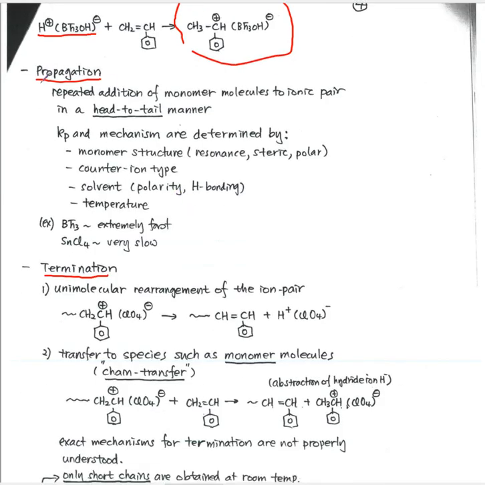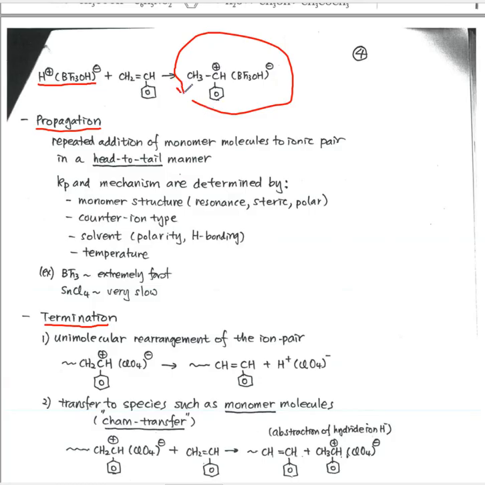And the next step is propagation, the formation of the long chain polymers. Once we have this kind of active center with cation, they tend to react with monomer one by one in a head to tail manner. So the overall propagation mechanism is the same as free radical polymerization, just addition of monomers one by one, forming long polymer chains.